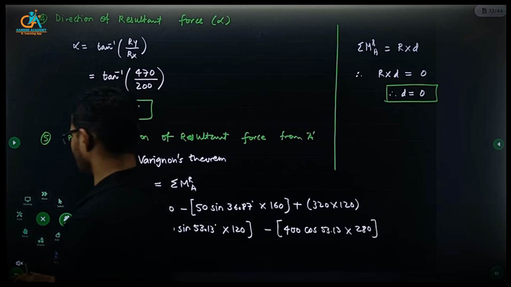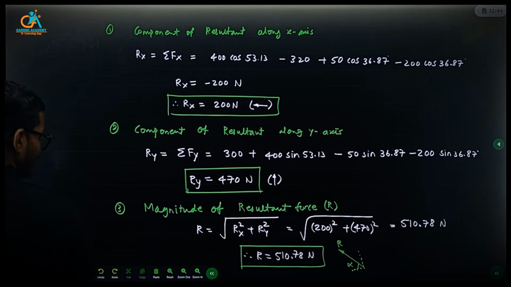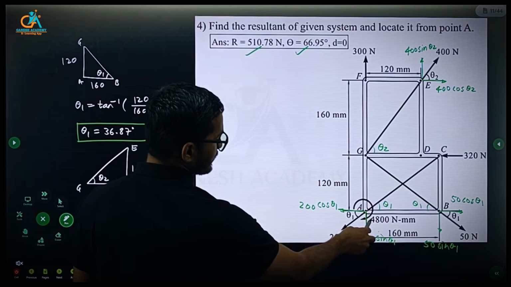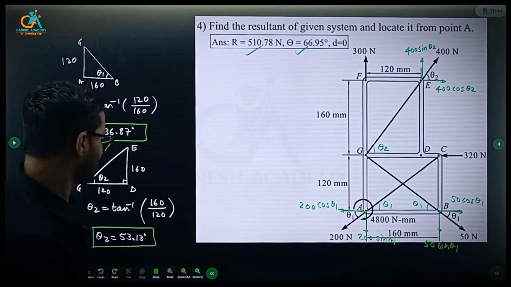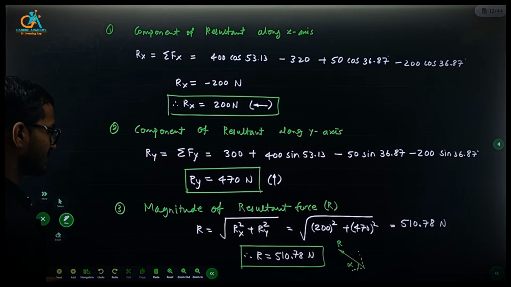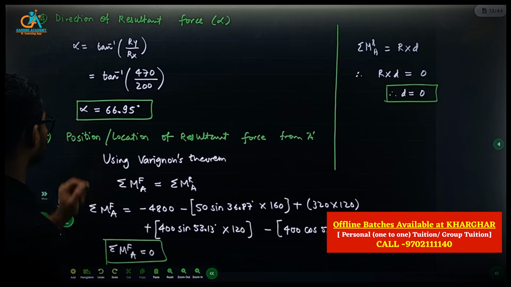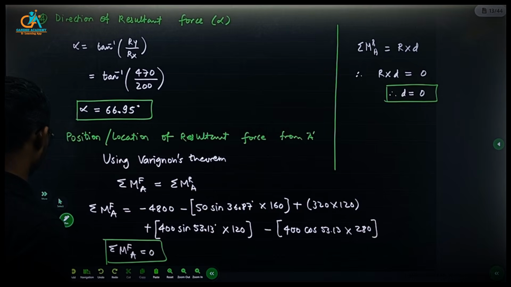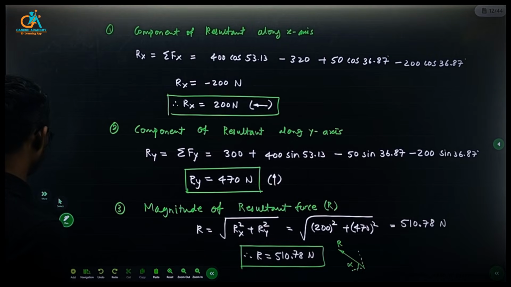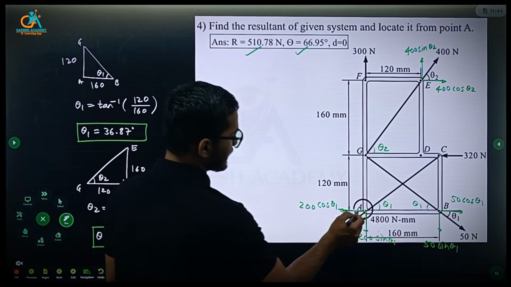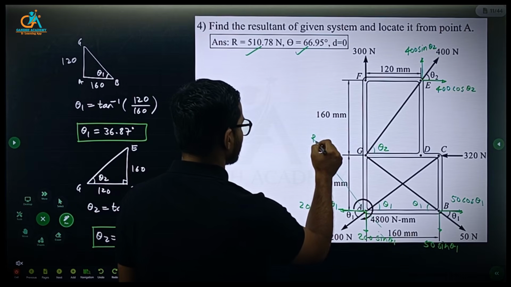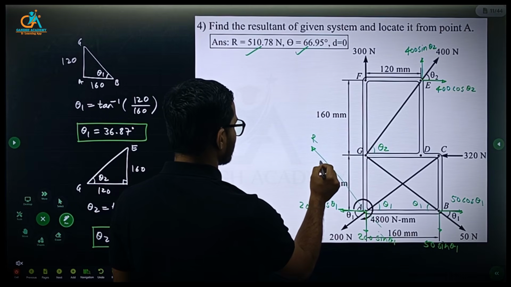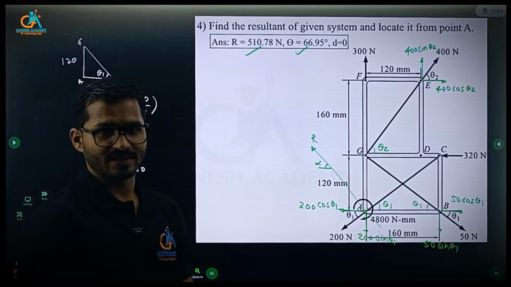That simply means the resultant will exactly act at point A. The line of action of the resultant will intersect point A. The direction of the resultant is 66.95. Let me show, something like this. This is the line of action of the resultant at angle alpha and through point A.